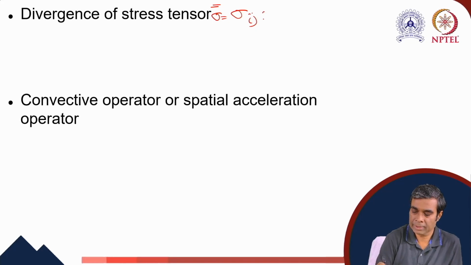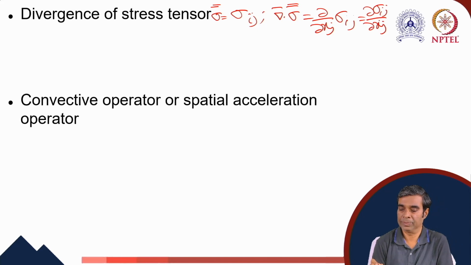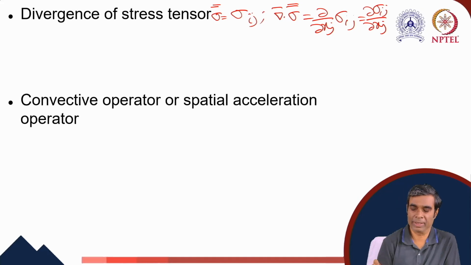Then if we take divergence of sigma, we get del del xj of sigma ij. It gives us del sigma ij del xj. So we can see here that only i is the free index in the expression del sigma ij del xj, and because of that, this output quantity represents a vector quantity.